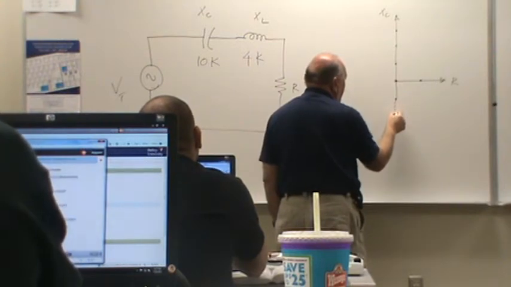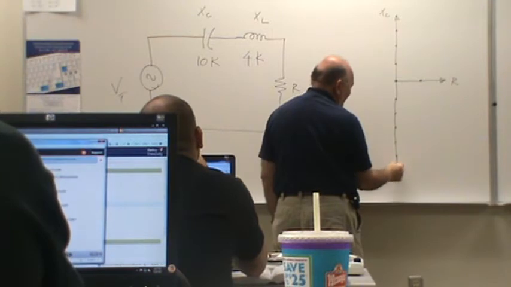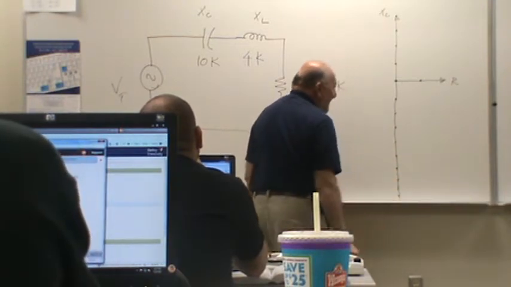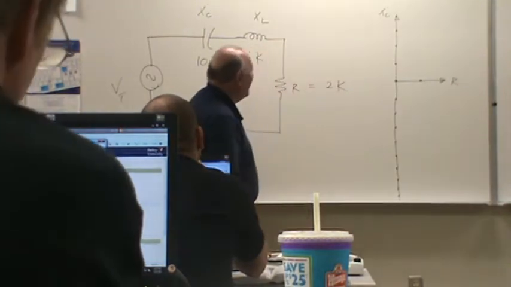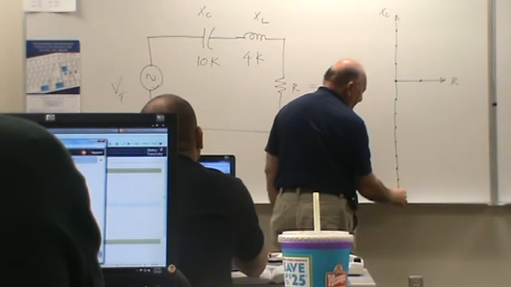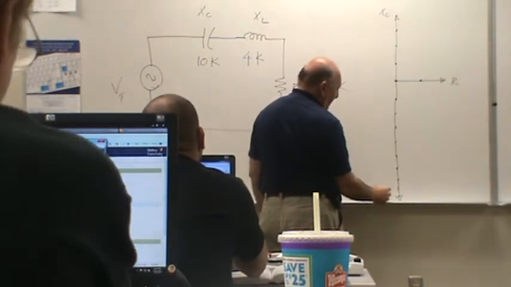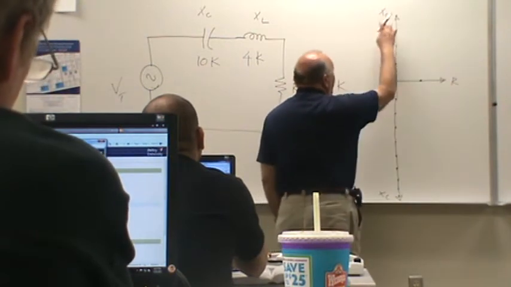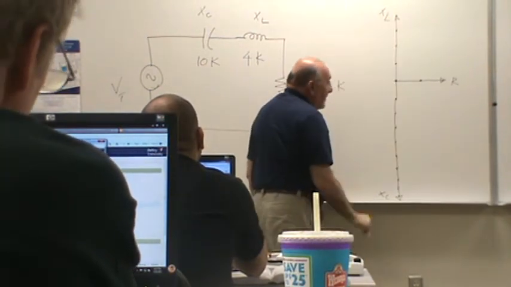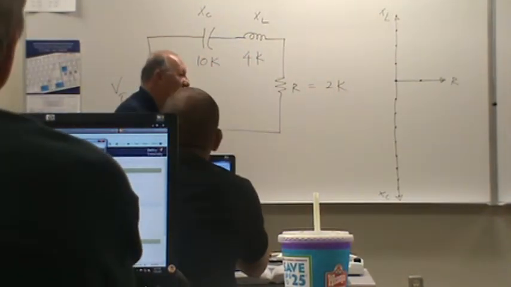So I have 1, 2, 3, 4, 5, 6, 7, 8, 9, 10. Down here is 10. That's X of C, and this was X of L, right? It looks like the L. Okay, so now this is our phasor. You see what's going on there?